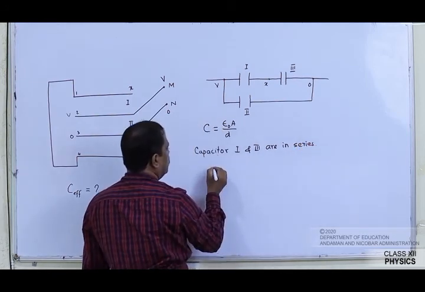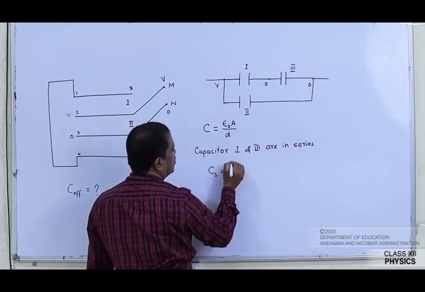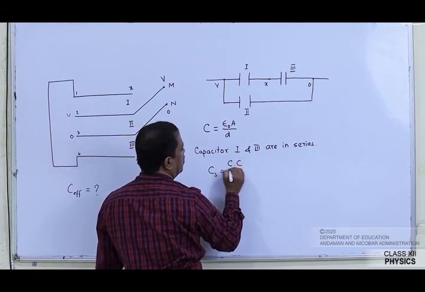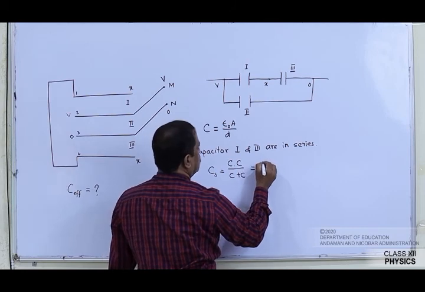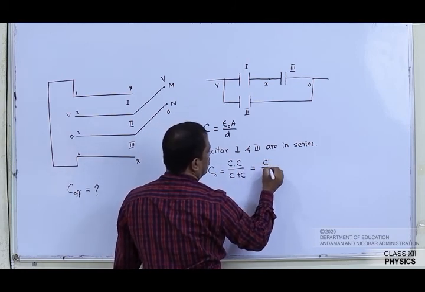So this series combination is in parallel with this one. Therefore, the effective capacitance Cs, as you have already studied theoretically how to calculate, will be C plus C in series, and this works out to be C by 2.